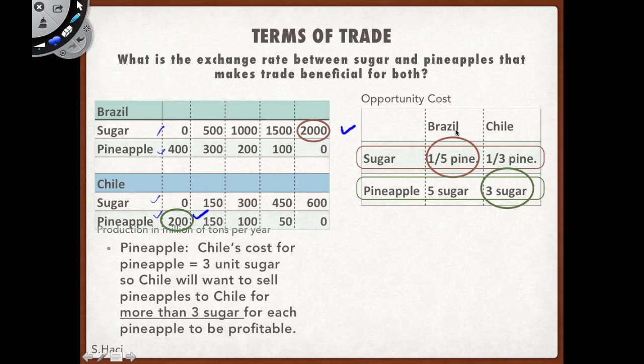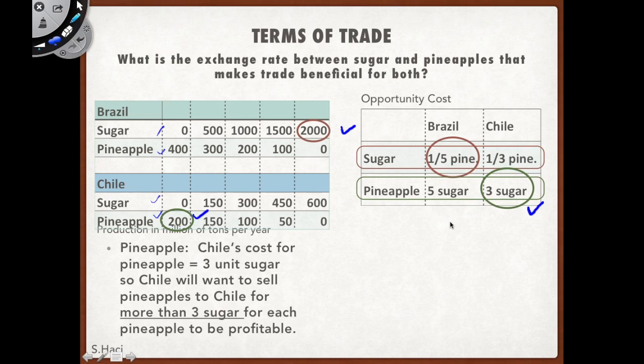So we know from the opportunity cost that the cost of pineapple for Chile is 3 sugar. 3 million tons of sugar per pineapple. So when Chile is considering selling some pineapples to Brazil, they would not want to get less than 3 million tons of sugar per million tons of pineapple that they sell, because that's how much it costs them.